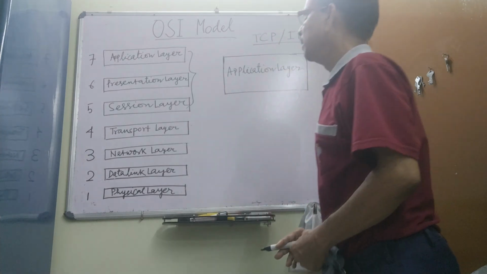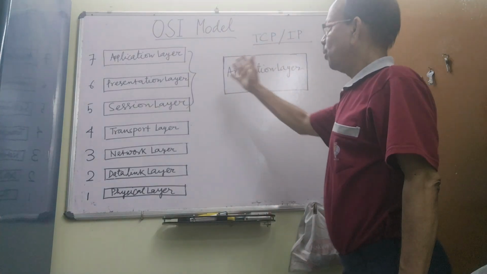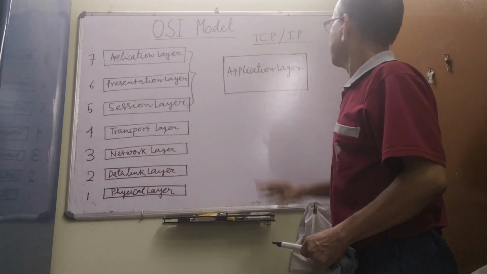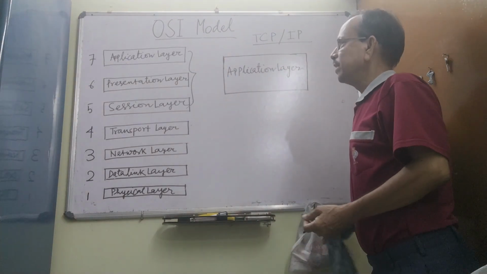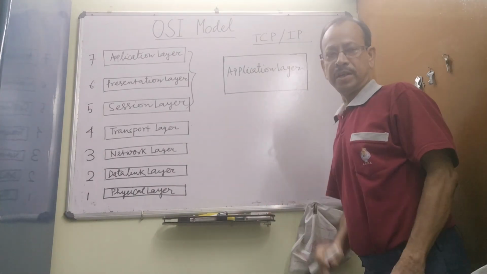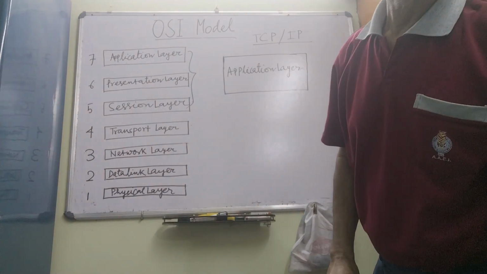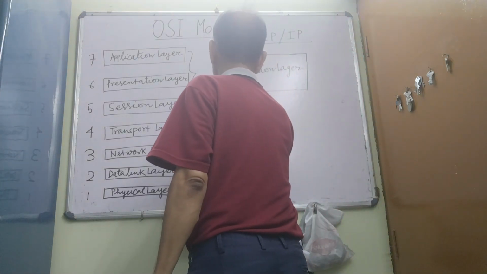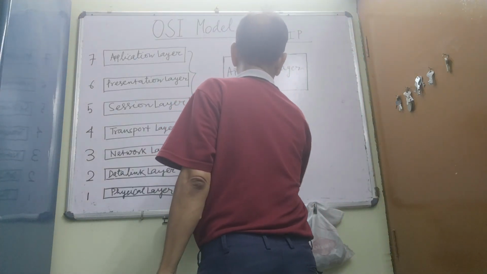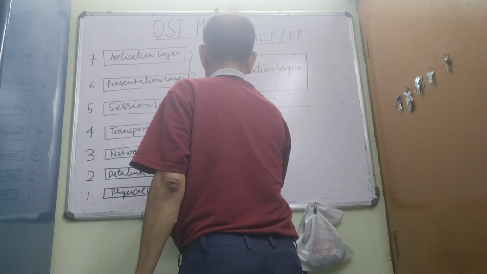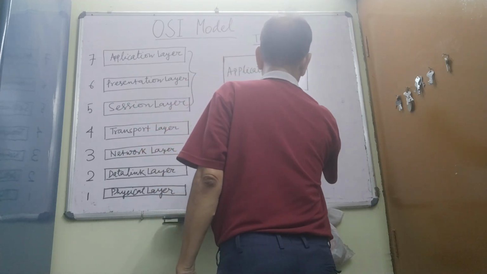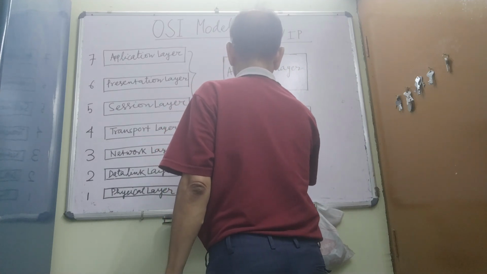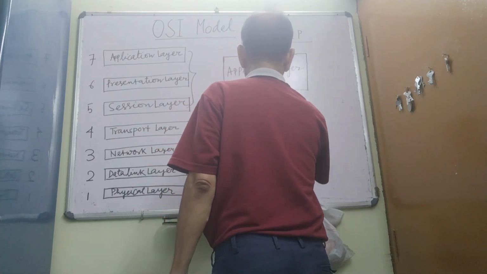That is, in the OSI model, the session layer, presentation layer, and application layer are converted into a single layer known as the application layer. Next is the transport layer, which is the same as in the OSI model.